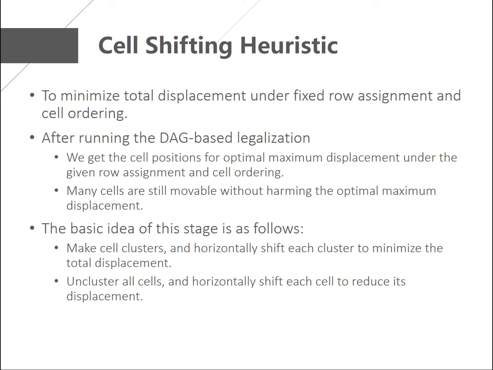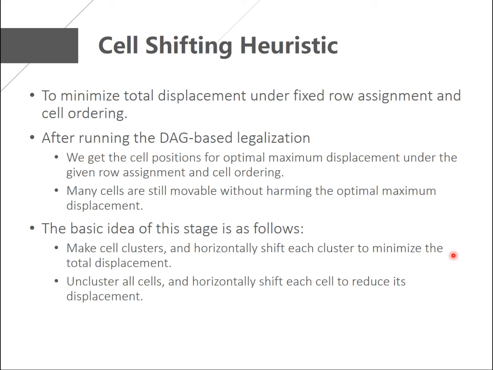After running the deck-based legalization, we get the cell positions for optimal maximum displacement under the given row assignment and cell ordering. But actually, many cells are still movable without harming the optimal maximum displacement. So we added this stage, trying to minimize total displacement under fixed row assignment and cell ordering.